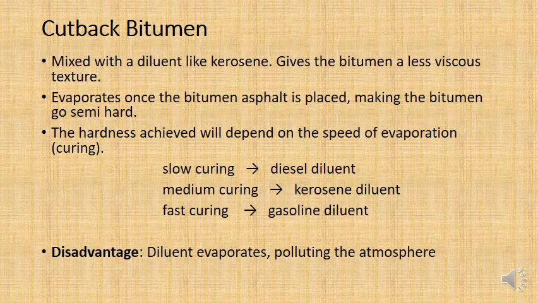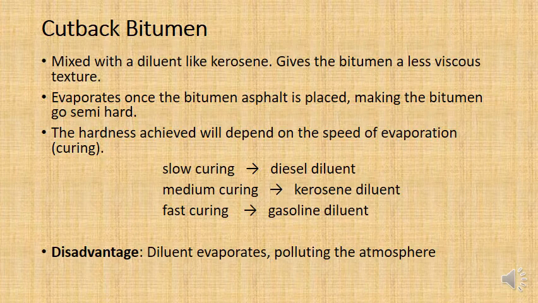Now there is a little bit of a disadvantage with cutback bitumen, namely that as the kerosene evaporates, it's going to go into the atmosphere, and that's a greenhouse gas. That's actually a very strong greenhouse gas. One molecule of kerosene will have about 1,000 times the effect of one molecule of carbon dioxide.